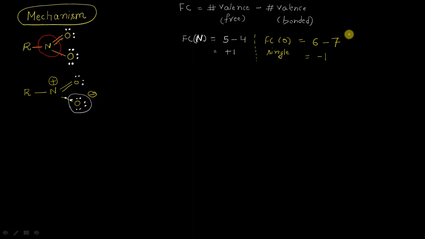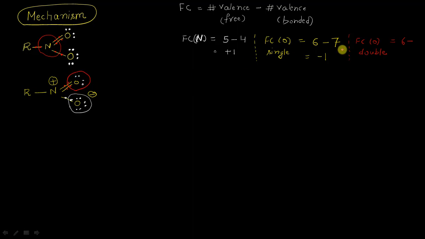And finally the formal charge for the oxygen atom, this time for the oxygen atom here which is bonded to the nitrogen atom by a double bond. This will be given by 6 minus, in this case, the number of valence electrons around this oxygen atom, which are 1, 2, 3, 4, 5 and 6.